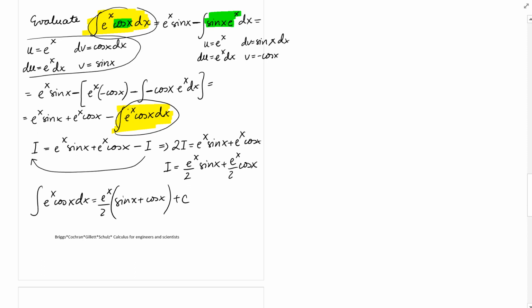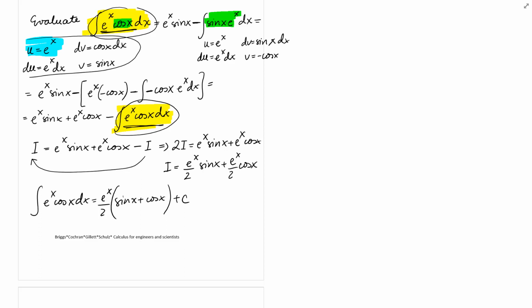And when do we stop? We stop when we obtain the same integral. That doesn't happen when we have polynomials instead of e to the x, because the polynomials are just decreasing the powers.